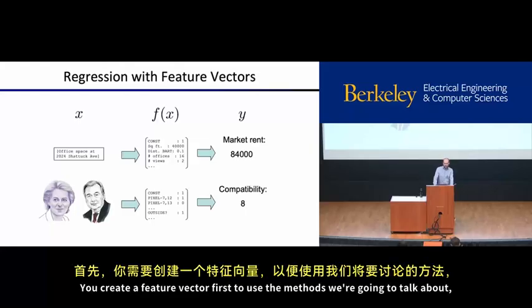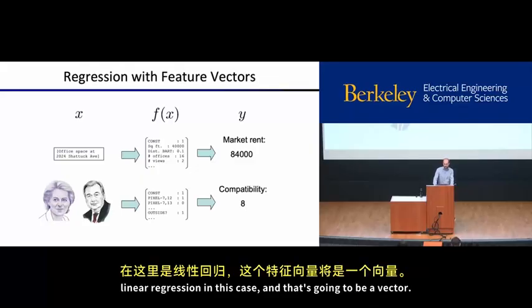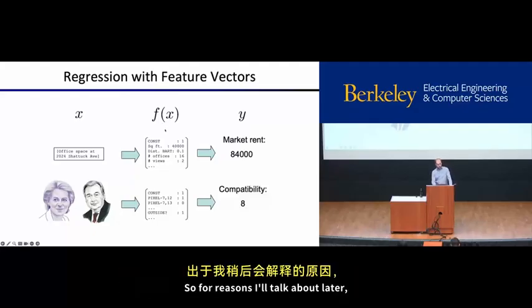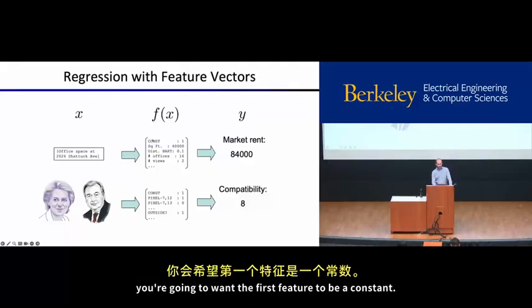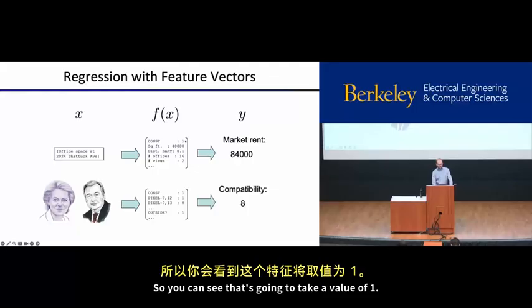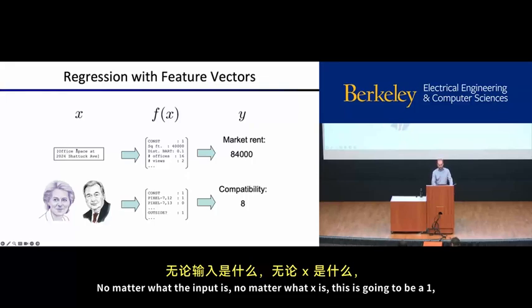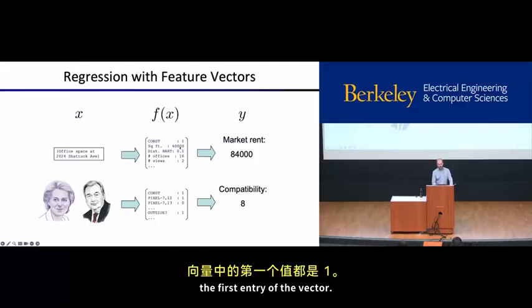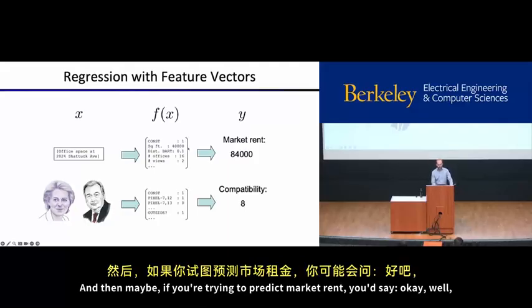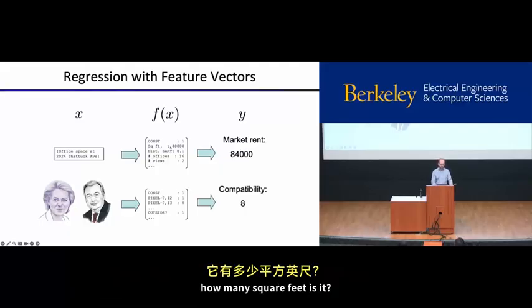You create a feature vector first to use the methods we're going to talk about, linear regression in this case. And that's going to be a vector. So for reasons I'll talk about later, you're going to want the first feature to be a constant. So you can see that's going to take a value of 1 no matter what the input is, no matter what x is. This is going to be a 1, the first entry of the vector. And then maybe if you're trying to predict market rent, you'd say, okay, well, how many square feet is it?